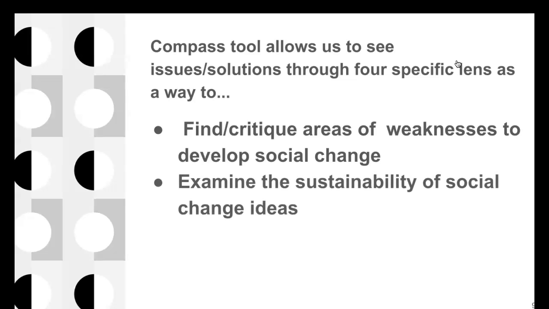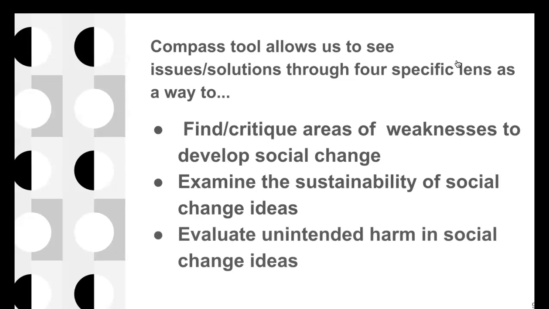It also helps us examine the sustainability of social change ideas, right? With a social change idea, the Compass tool can help us look: does this add to the economy, to the society, to the well-being, to have positive effects on nature? That helps us analyze and critique whether an idea is sustainable.